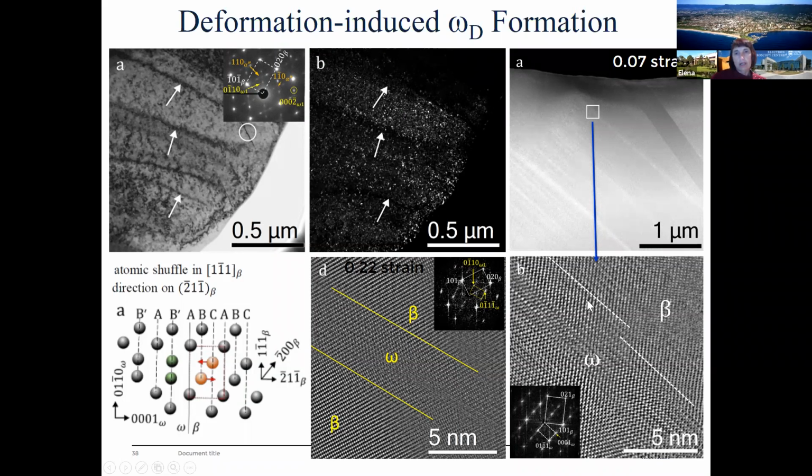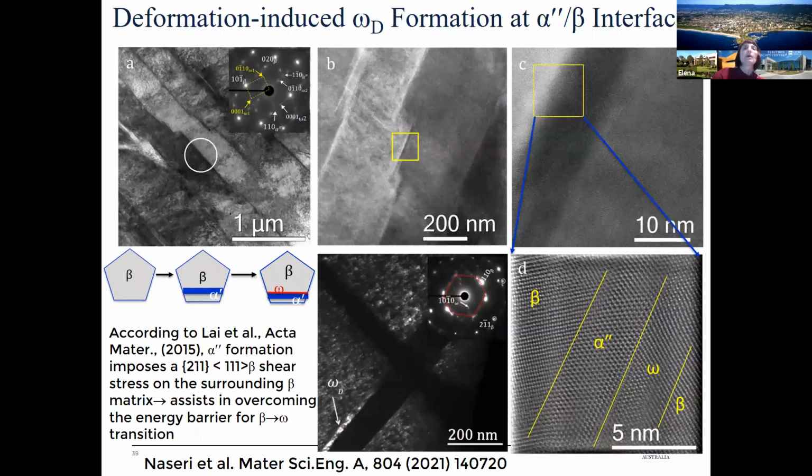So here we could see clearly this thin layer of omega phase forming, deformation-induced, and at high strain the thickness of deformation omega could be slightly larger, but not by much. So we don't see a very large abundance of deformation-induced omega forming directly in the beta microstructure, as you could see on the previous slide.